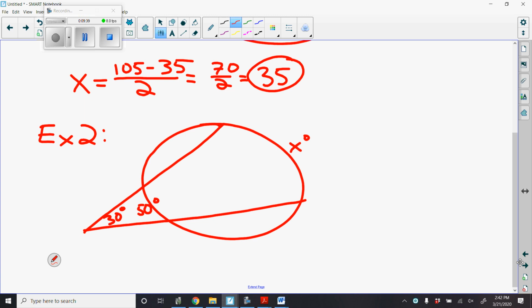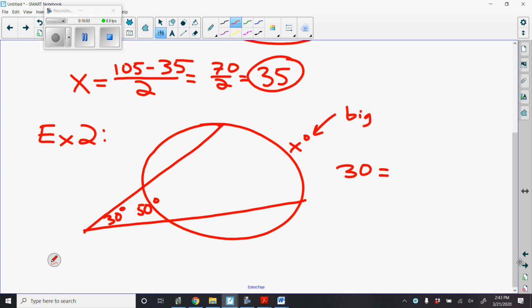Okay. So I take a look here, and again, I'm following the formula angle equals big bend minus little bend over 2. So I'm going to start with angle equals. This time I know my angle is 30 degrees, so I'm going to start off solving this with 30 equals. And I've got to do big bend. Which one's my big bend? It's the one that's farther away.